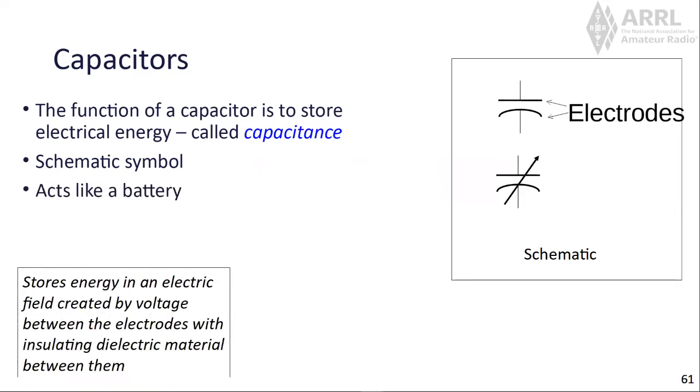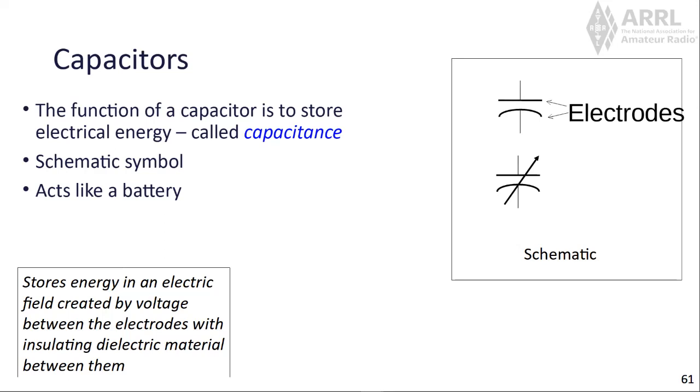You can think of capacitors as being like very small batteries. They store energy in an electrical field, and that's an important thing to remember. It's an electric field that is created by voltage between the electrodes, with insulating dielectric material between them. There are different kinds of dielectrics. There's mica, there's glass, there's air.